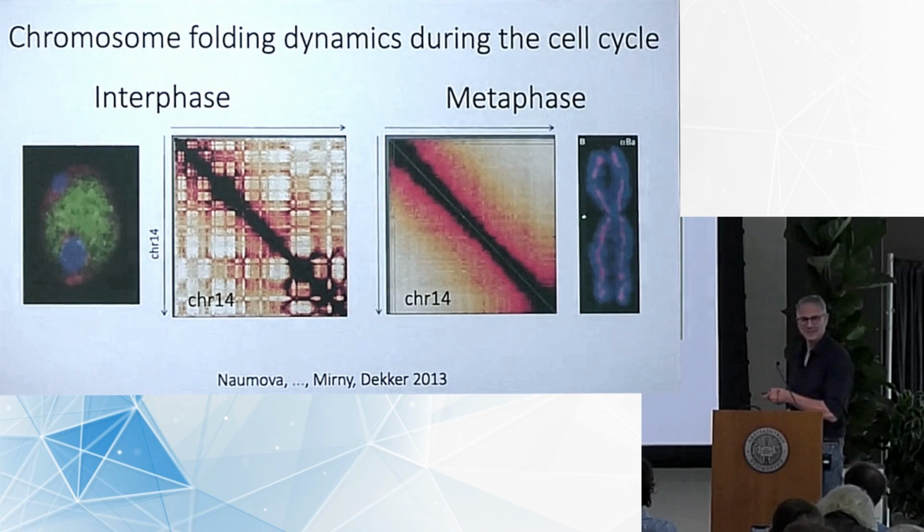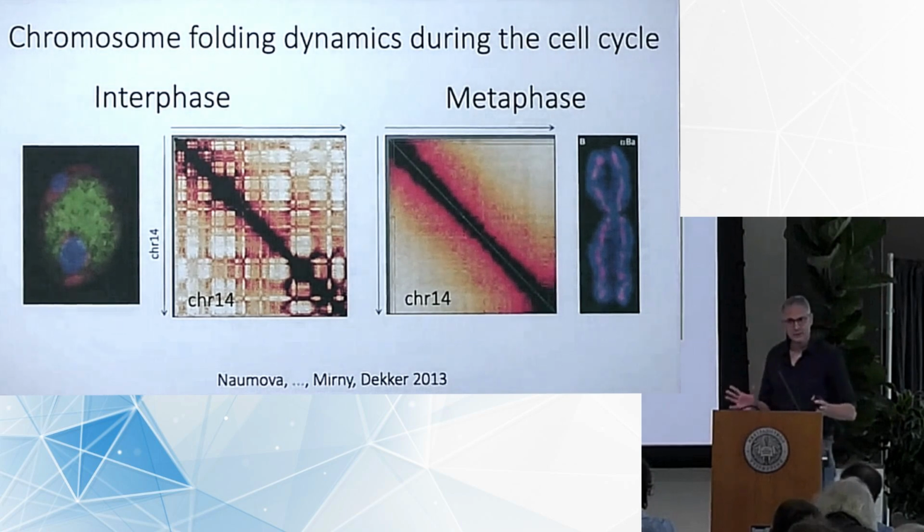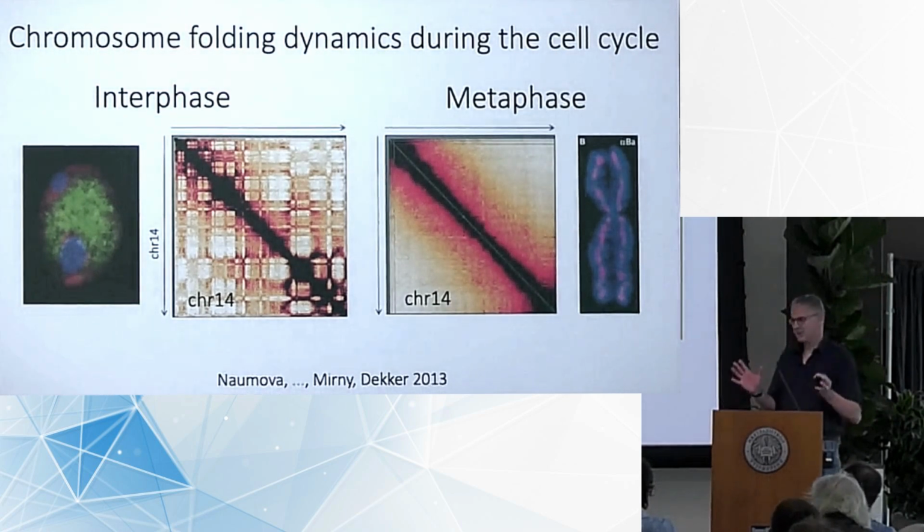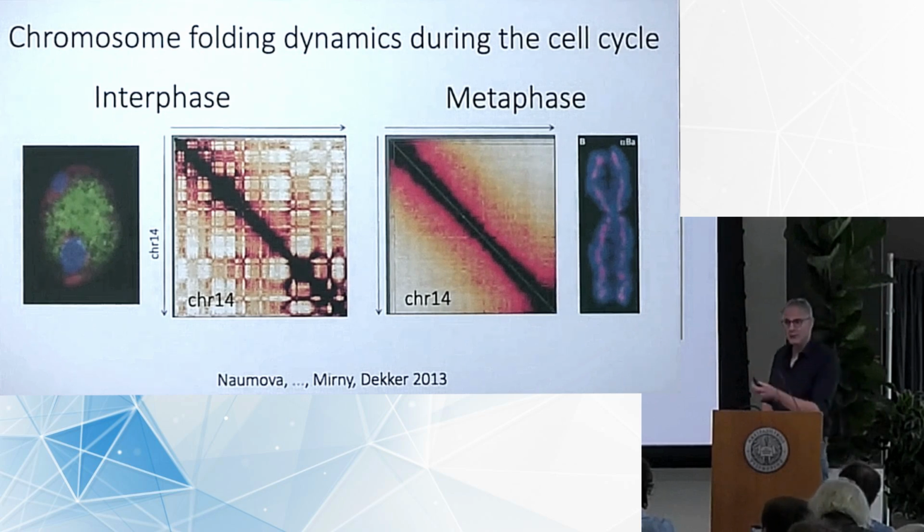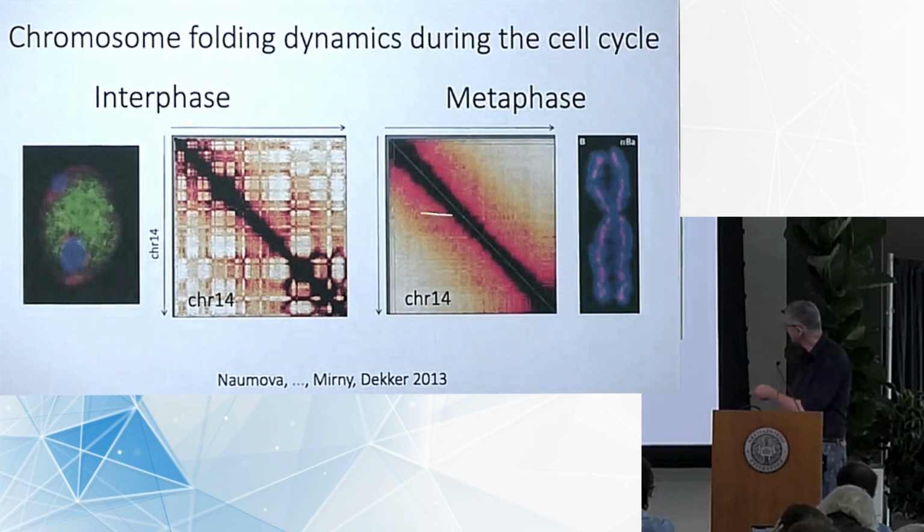How does that work? When we first started looking at the cell cycle dynamics of chromosome folding, you would imagine that to make this structure or this structure, you might need very different mechanisms. And again, the theme of my talk today is that you don't need different mechanisms. Those same small number of mechanisms is sufficient to explain this structure and this structure. The difference is how these mechanisms are implemented and regulated.